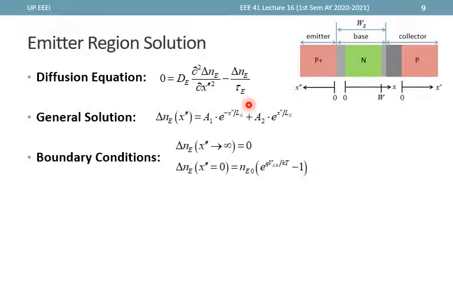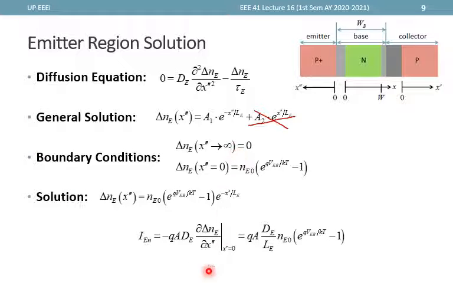Our boundary condition is that at x double prime approaches infinity, there are no more excess minority electrons, and therefore A2 must be 0. At the other edge, at x double prime equal to 0, when we evaluate this at 0, e to the minus 0 is just 1, and therefore A1 is exactly equal to this term.